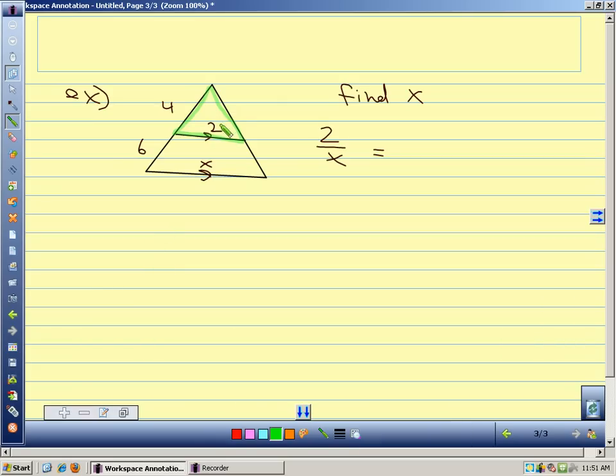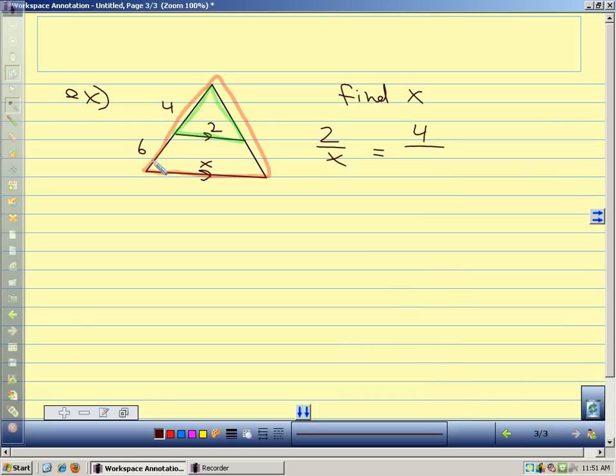The base. 2 is the base, and we're comparing it with the base of the bigger triangle. x is the base of the bigger triangle. 4 is the side of the smaller triangle. What's the side of the big triangle? 10. We have to add these together. 6 is only this small part.